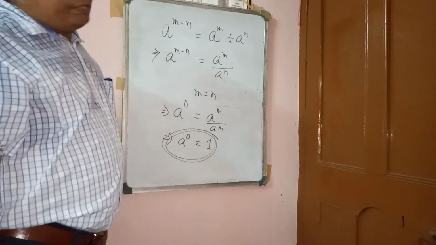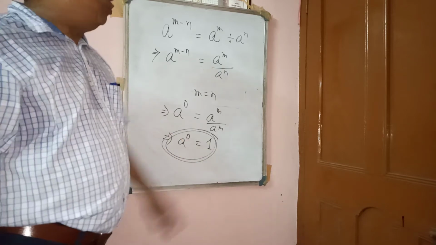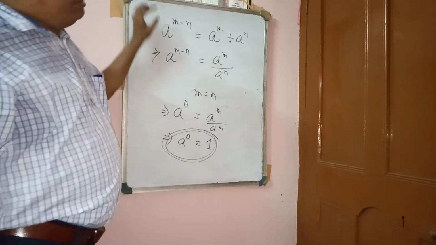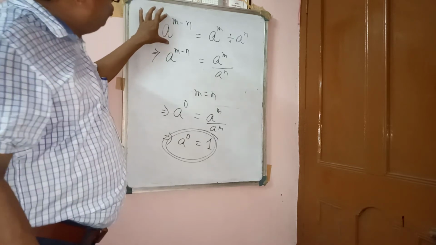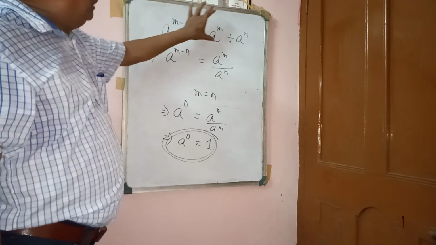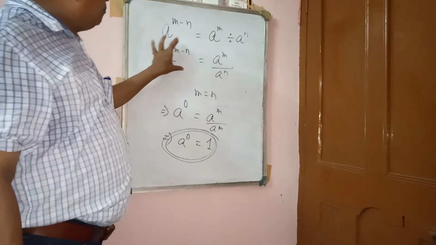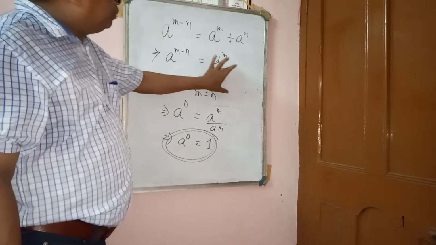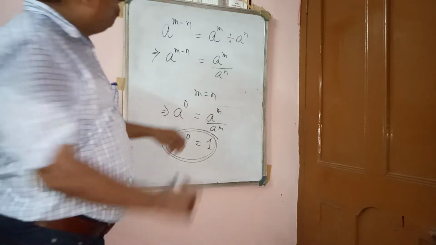Short type question: prove that a to the power 0 equals 1 when a is not equal to 0. You do it like this. We know, according to the indices rule, a to the power m minus n equals a to the power m divided by a to the power n. Division is there, so we put m equal to n.